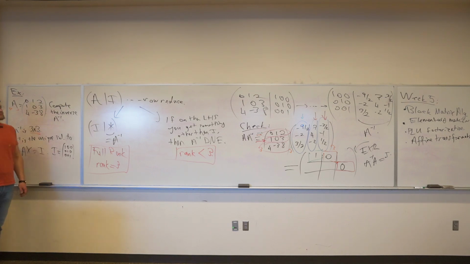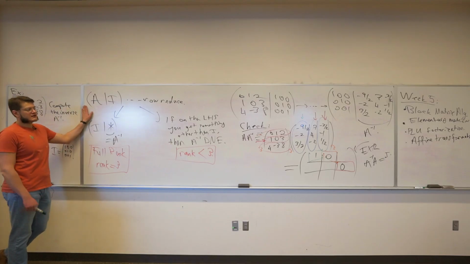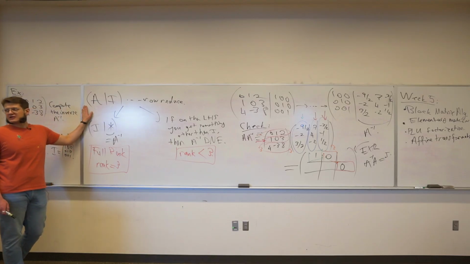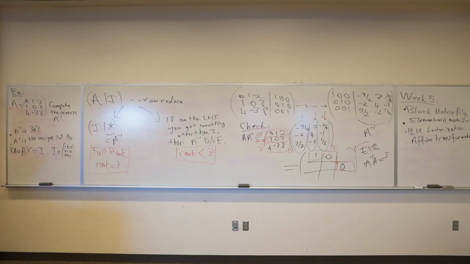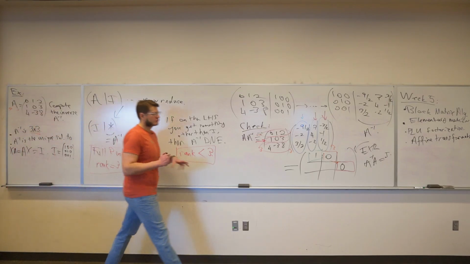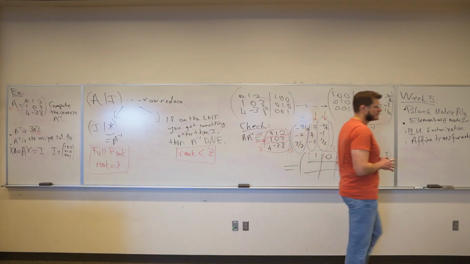In general, this is pretty much the fastest way of computing inverses of matrices, row reduction. There are certain situations where the matrix has a certain shape, in which case there are certain shortcuts. I'm not going to discuss these.